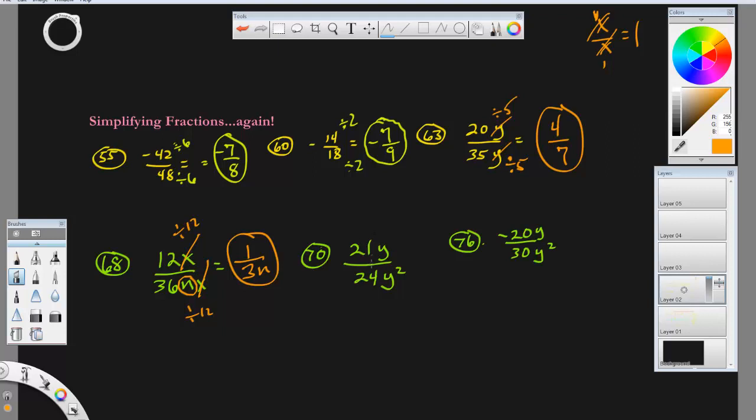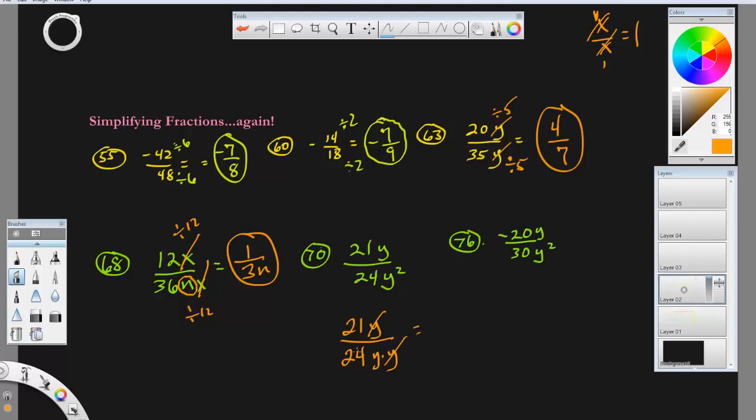Next one, 21 and 24 have a common factor of 3. But I want to show you what's going on here. Let's say I have maybe another way of looking at this: 21y over 24y squared. Now, y squared is y times y. This time, I can cancel a y on top with a y on the bottom. Now, I can't cancel the y in both y's because there are 2 of them.